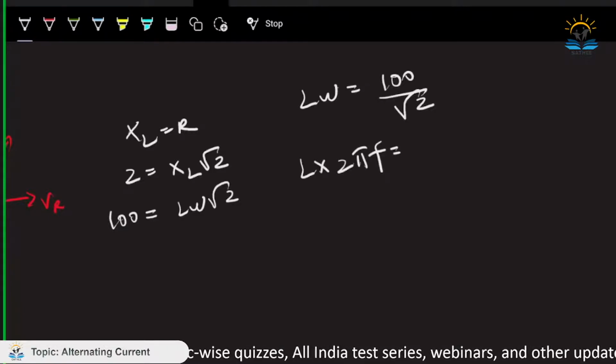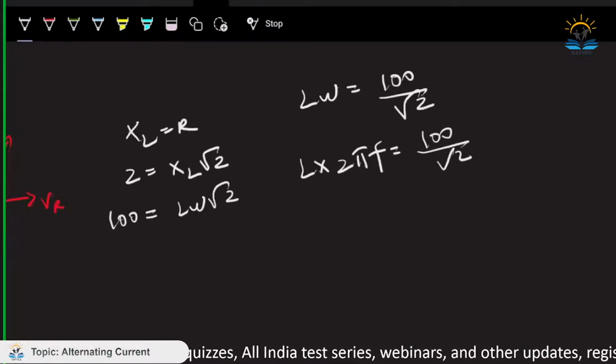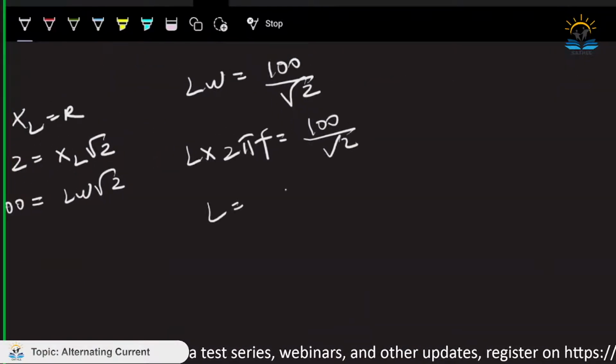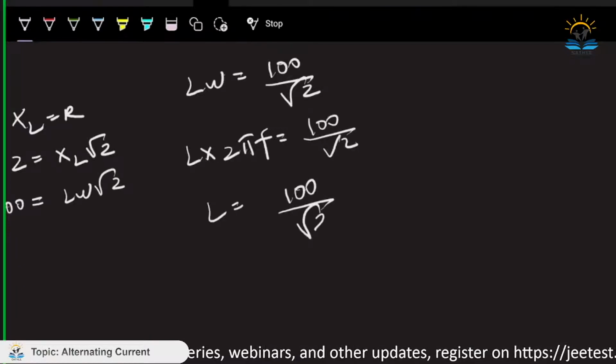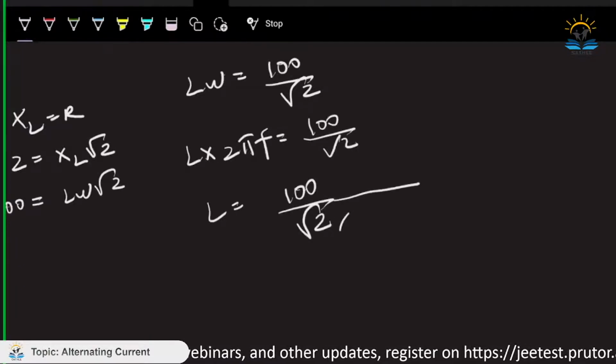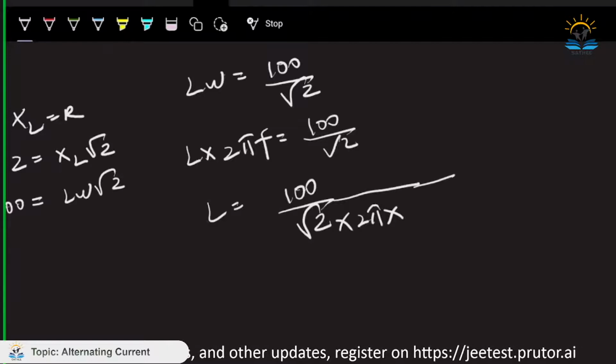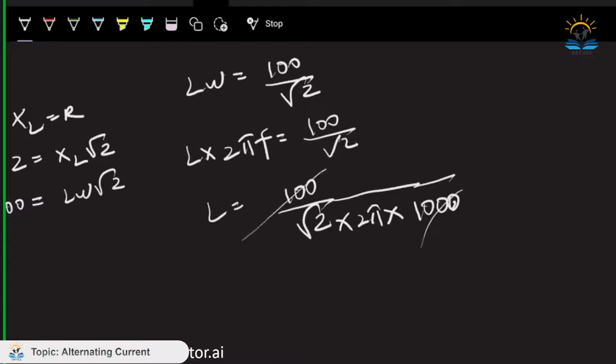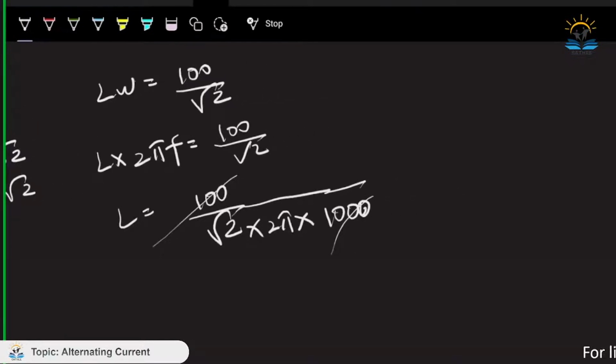Frequency is given as 1000. So by substituting, L equals 100 by root 2 by 2 pi into 1000. Okay, so we will get how much?